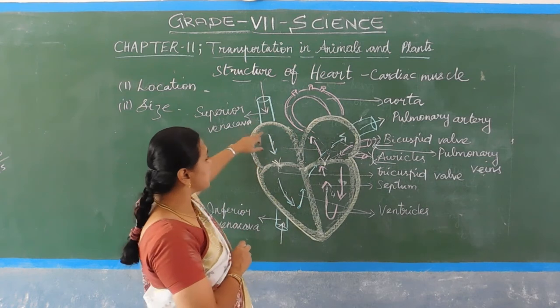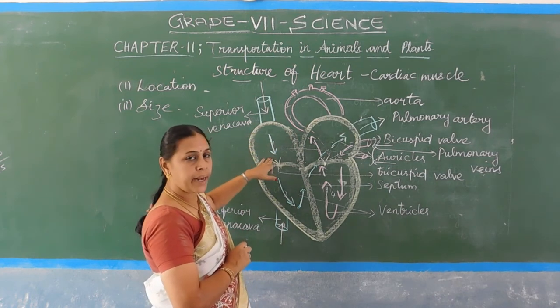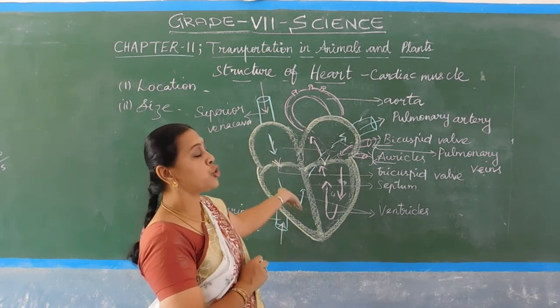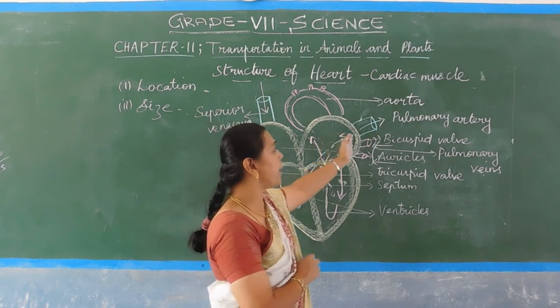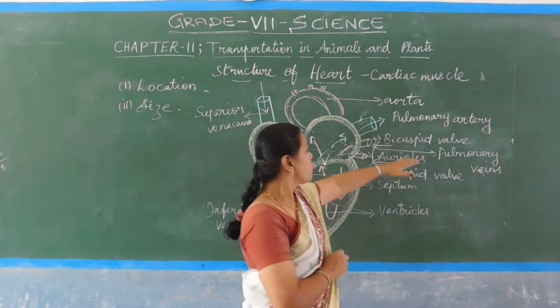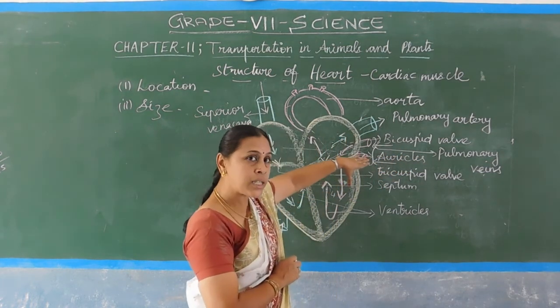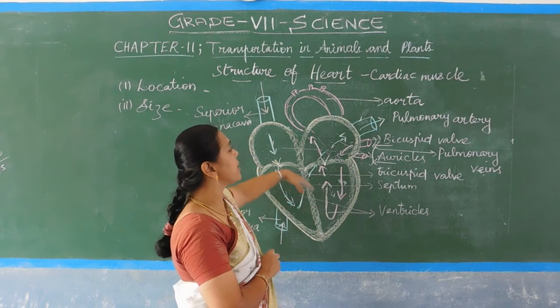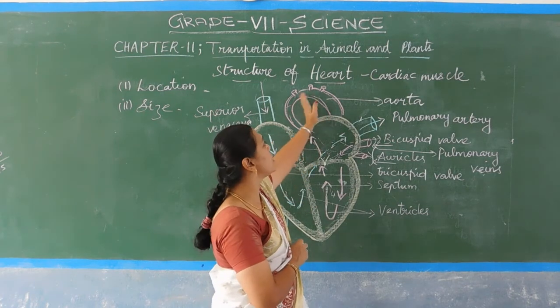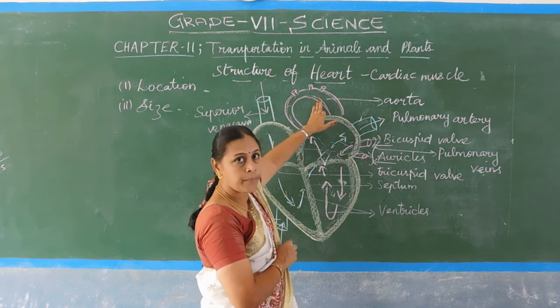The blood enters the right auricle through the superior vena cava and it is taken to the lungs through the pulmonary artery. Through the pulmonary vein, the oxygen rich blood enters and it is supplied to all parts through the blood vessel called aorta.